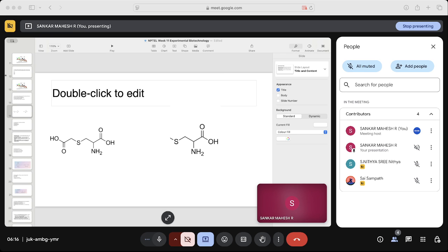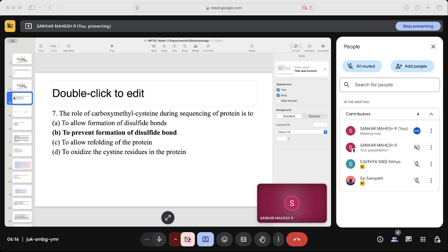Now, when you have an SH group, it can form a disulfide bond when another SH group comes close by. But when the valency of sulfur is being satisfied here with this carboxymethyl group, it cannot anymore form a disulfide bond. So that property is used during sequencing of protein. So what they do is they chemically modify one batch and do not chemically modify the other batch.